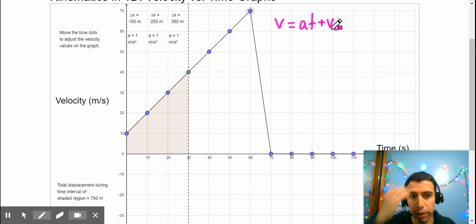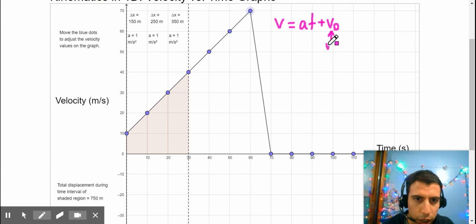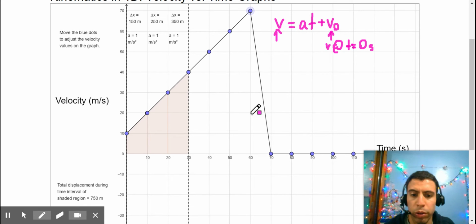In other words, my V at time 0, just so you remember. We use this to find any future values of V. In other words, I can plug in numbers like 70 here, and I can figure out, if this graph were to go on forever, what my velocity would be.